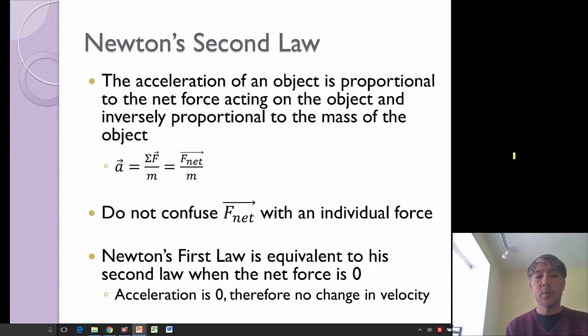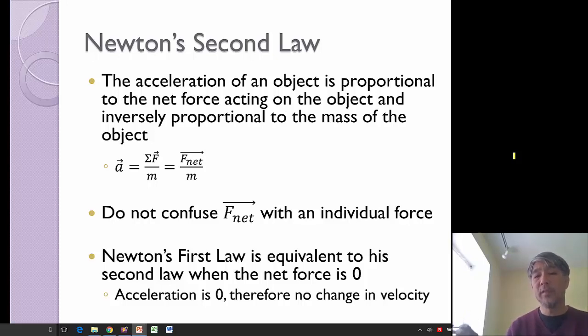It's also important to not confuse the net force, F net, or the sum of the individual forces, with an individual force. Frequently I see students applying an individual force and trying to calculate acceleration based off a single force. That's not the appropriate way to do it. You have to add all the forces up, either graphically, as we'll see in a little bit, or algebraically.